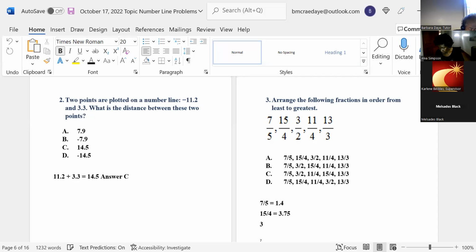What's 3 divided by 2, Michelle? 1.5. That's right, 1.5. Okay. Now you got 11 divided by 4.